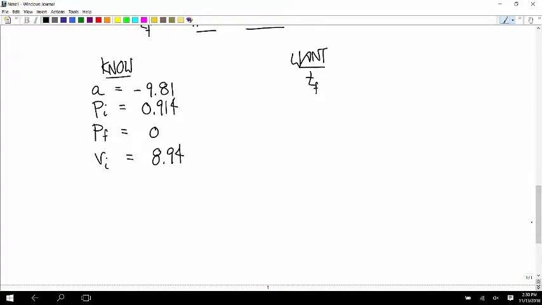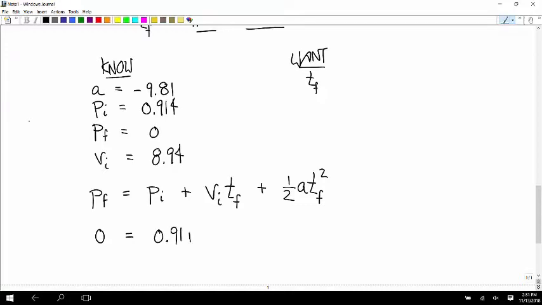So what can we do with this? We can use the equation that says P final is equal to P initial plus V initial time final plus 1/2 A times time final squared. So we have 0 is equal to positive 0.914 plus 8.94 T final minus 4.905 time final squared.